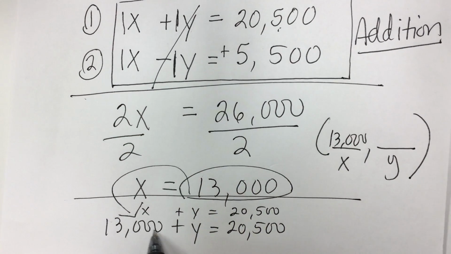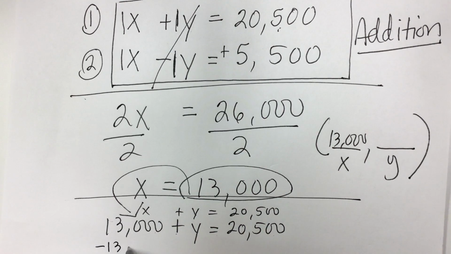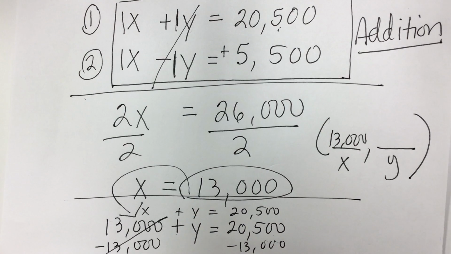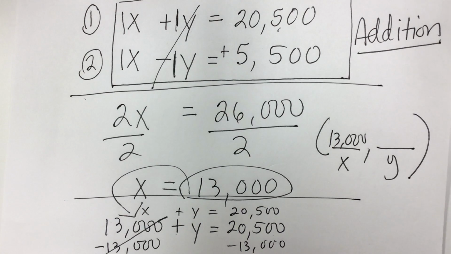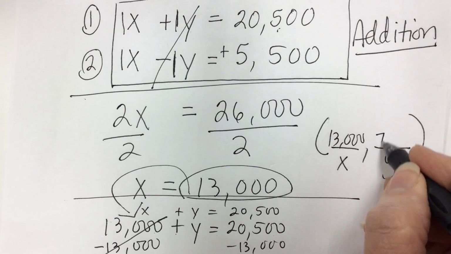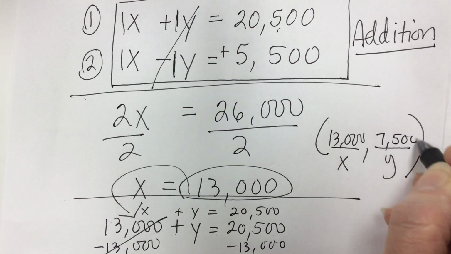So I've replaced x with 13,000: 13,000 plus y equals 20,500. Solve for y, subtract 13,000 from both sides. The 13,000s cancel. I end up with y equals 7,500. So there's my y value.